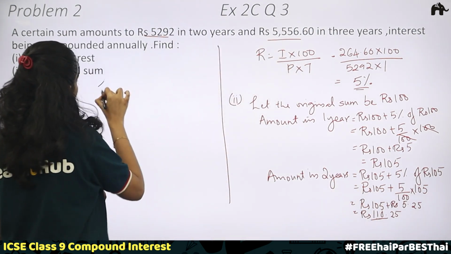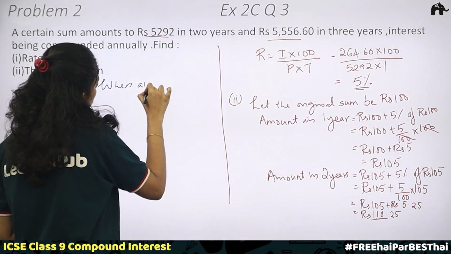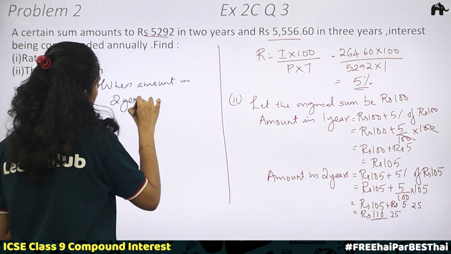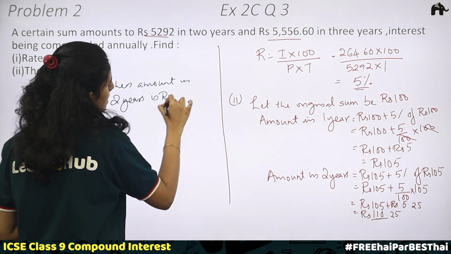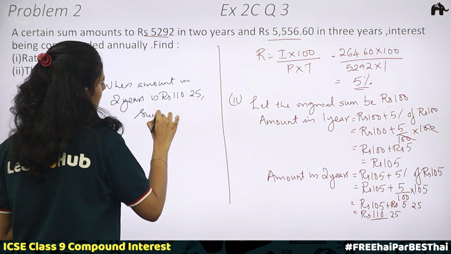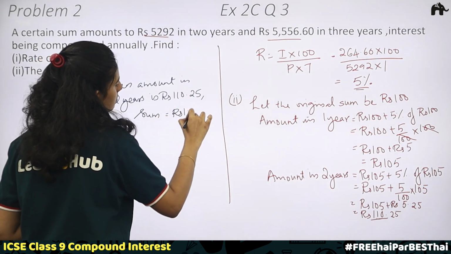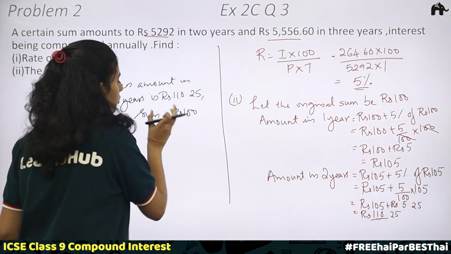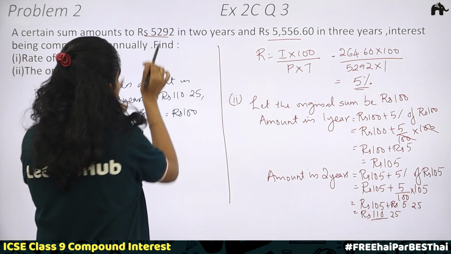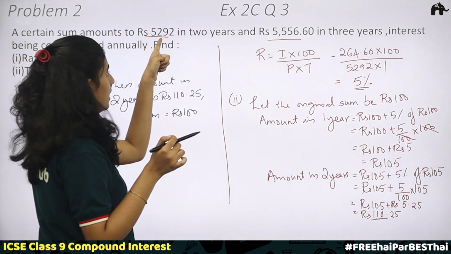So, when the amount in 2 years is rupees 110.25, we have sum equal to rupees 100. Okay, we have to find the original sum. We have the amount in 2 years to be equal to rupees 5,292.